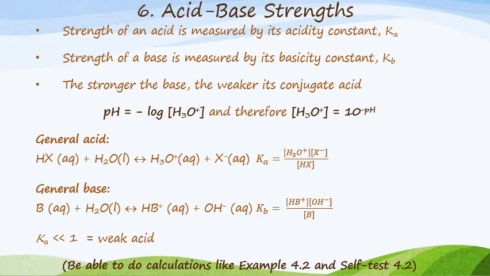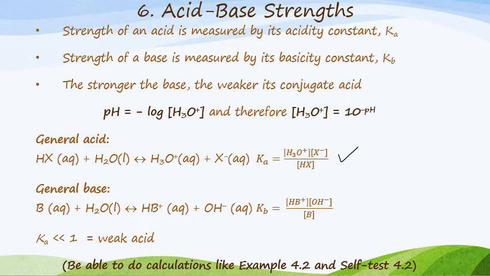With regard to acid and base strength, you should be familiar with the acidity and basicity constants Ka and Kb. You should also be familiar with the pH scale and how to calculate the hydronium ion concentration. You should be familiar with the general acid equation and how Ka is related to H3O+.